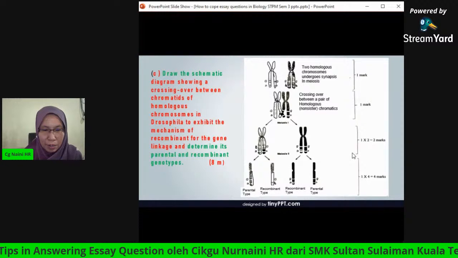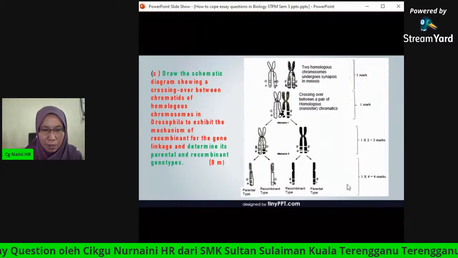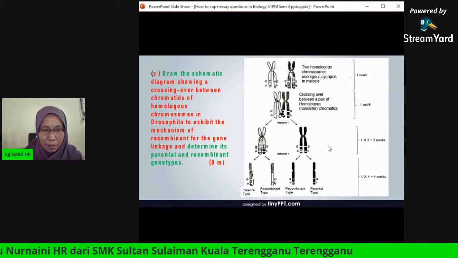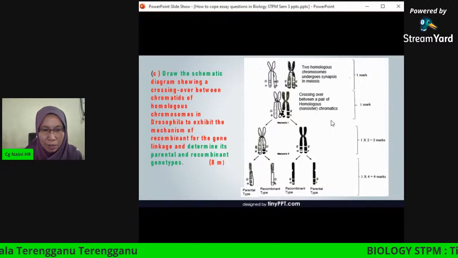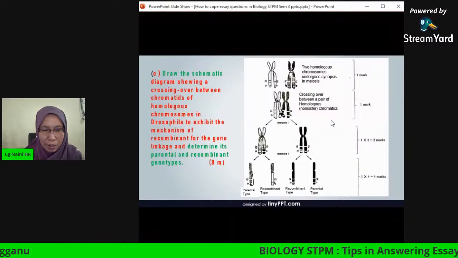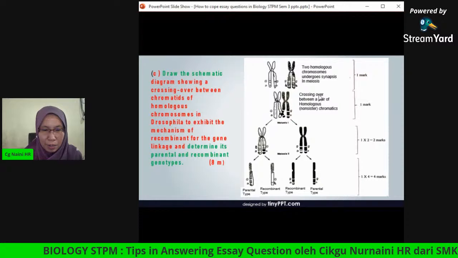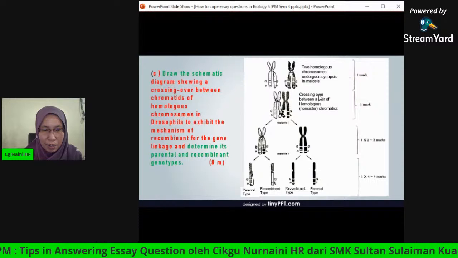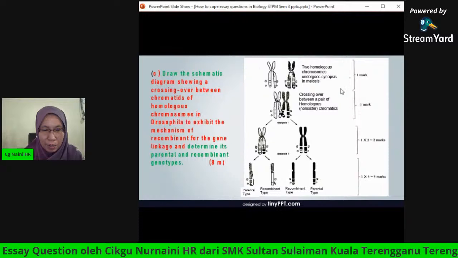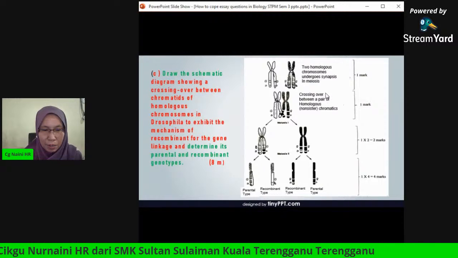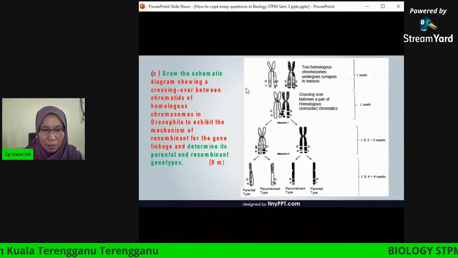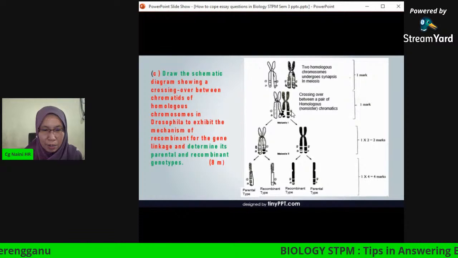Refer to the diagram if you want to draw like this. Whatever the schematic diagram, you must show the drawing, so the marks are given to the drawing. The explanation is also given if the diagram is not clear. But remember, for the schematic diagram, the marks are given for the drawing.